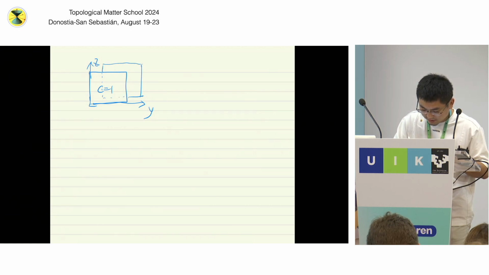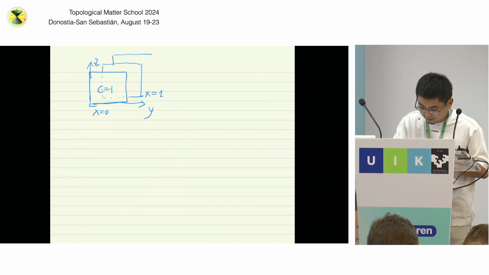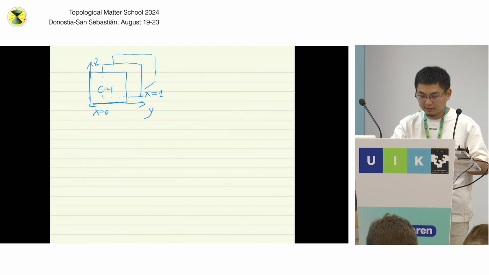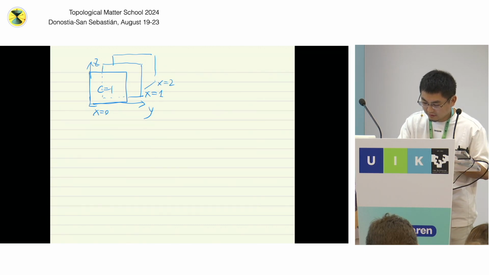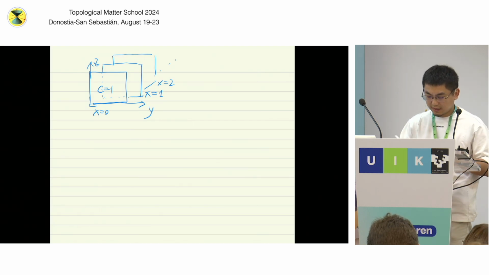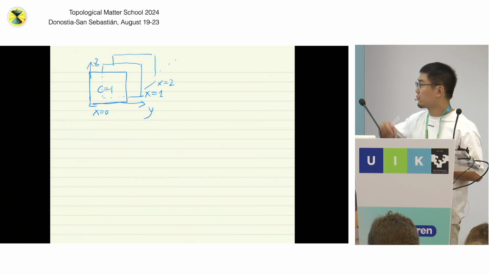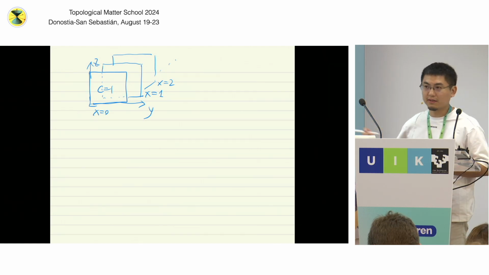So this one is located at x equals 0. This one is located at x equals 1. And then we copy another one. And we continue this to infinity. And now we have a 3D system which is decoupled into 2-dimensional layers. And actually, the 3D Chern insulator is adiabatically equivalent to this stacking of layers.